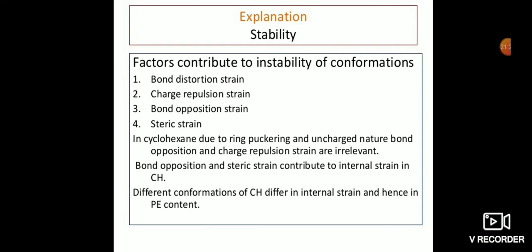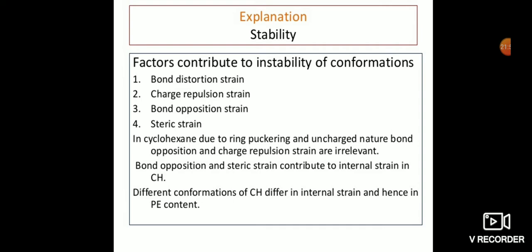Factor number one is bond distortion strain. Number two, charge repulsion strain. Number three, bond opposition strain. Number four, steric strain. These are the main influencing factors in the stability of conformations, or the reasons for their instability.